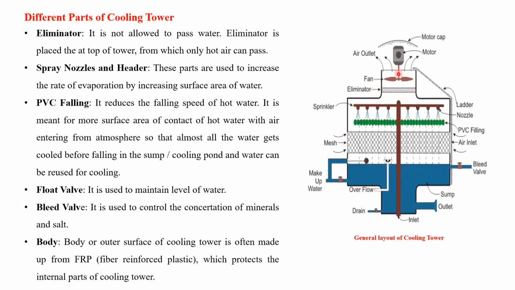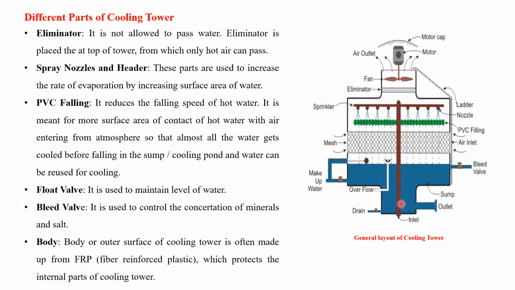Then the top fan is placed, which is run with the help of motors. We'll see the water header and sprinkler nozzles. Then we will see the PVC fills below these water nozzles. Then there is a mesh to collect the debris or dust particles from the air.